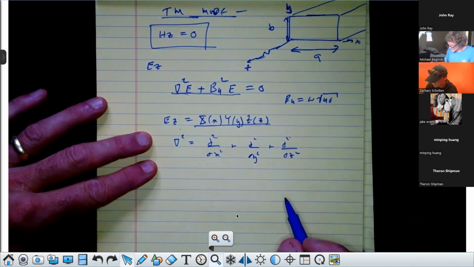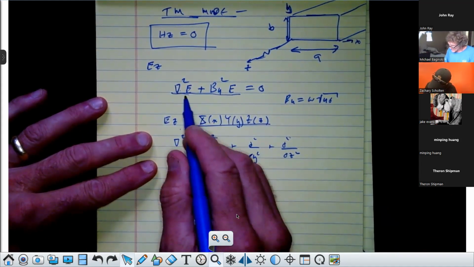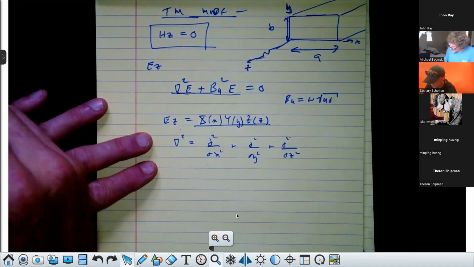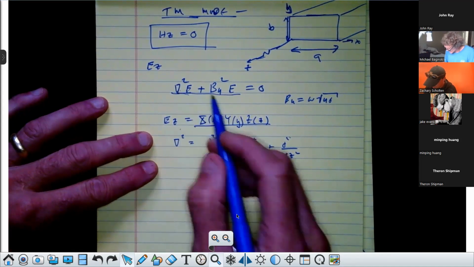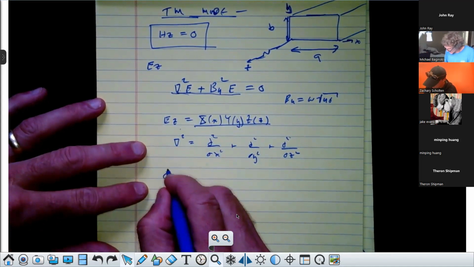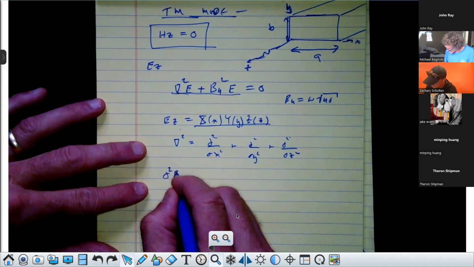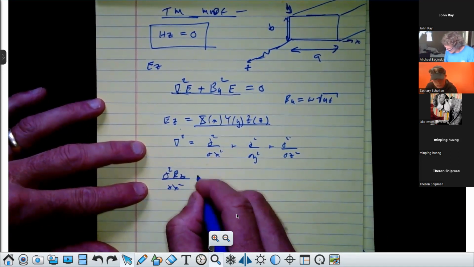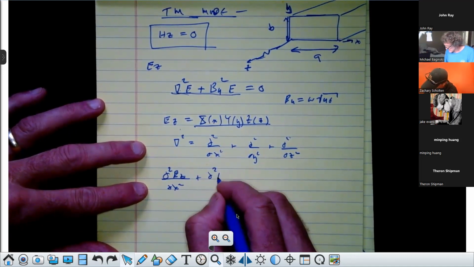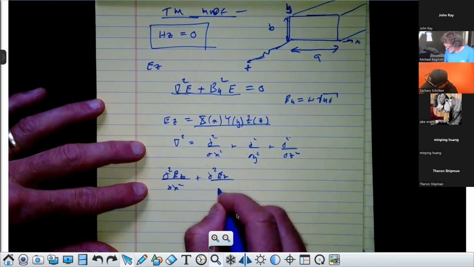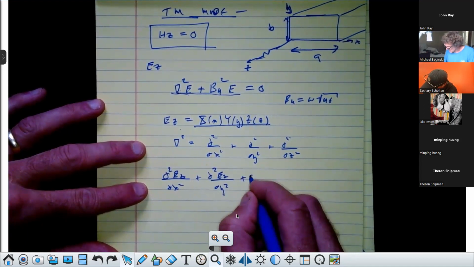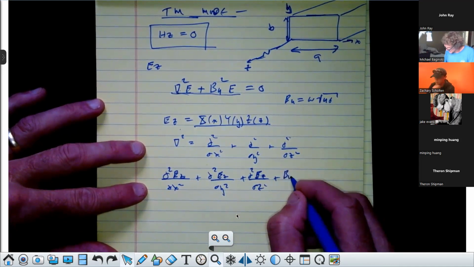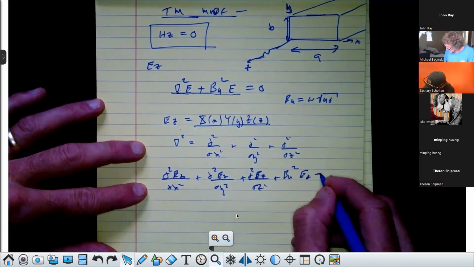So if you take a look at this, what's actually going to happen, and he does this in his book, if I break this out, you get the second derivative of EZ with respect to x squared plus the second derivative of EZ with respect to y squared plus the second derivative of EZ with respect to z squared plus beta unguided squared EZ equals 0.